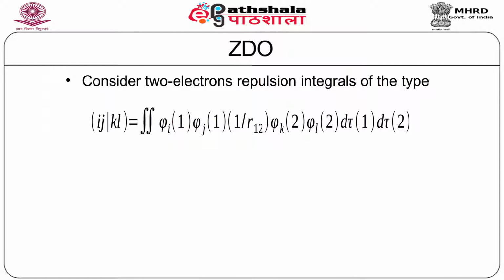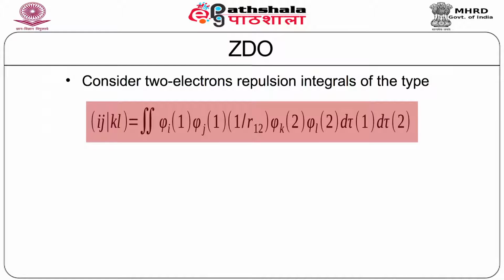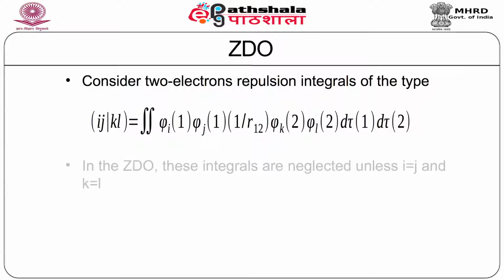Let us consider two electron repulsion integrals of the type IJKL, which is equal to the double integral of phi I1 phi J1 into 1 by R12 phi K2 phi L2 d tau 1 d tau 2.